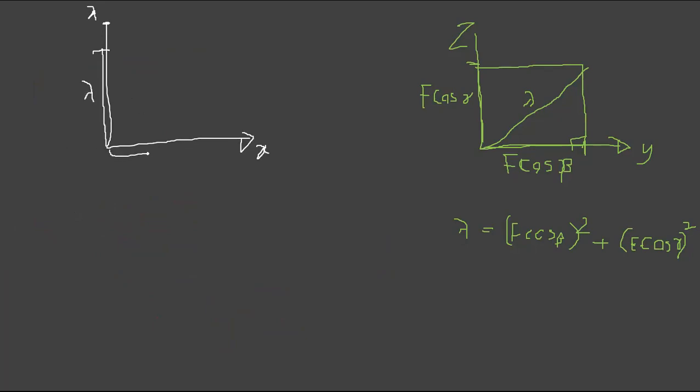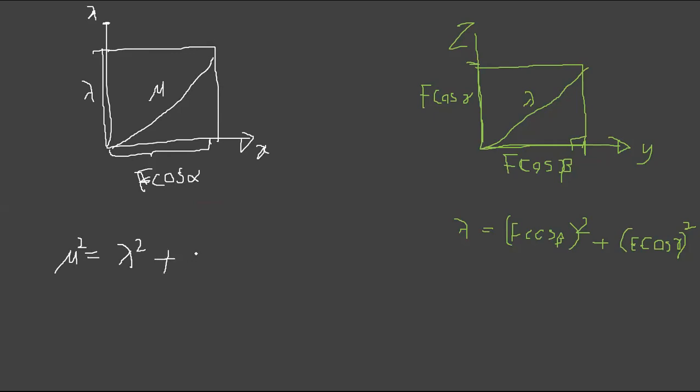So our component in the x direction is f cos alpha. Again, you can make a triangle and take the length, let's say mu. So mu squared is lambda squared plus f cos alpha squared, right?